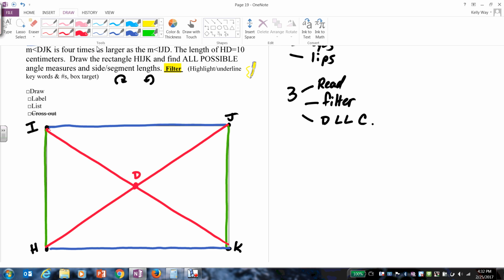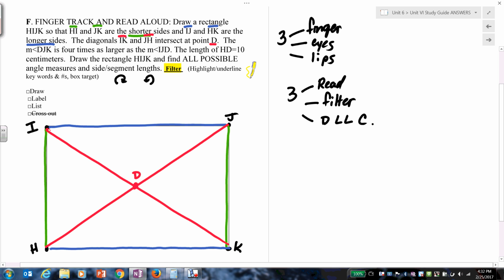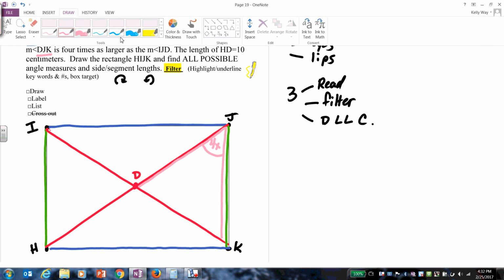Here's the tricky part. You must trace and sweep this very carefully. DJK is 4 times larger than IJD. Trace and sweep D, J, K. Trace and sweep at the elbow. It is 4 times as big as IJD.